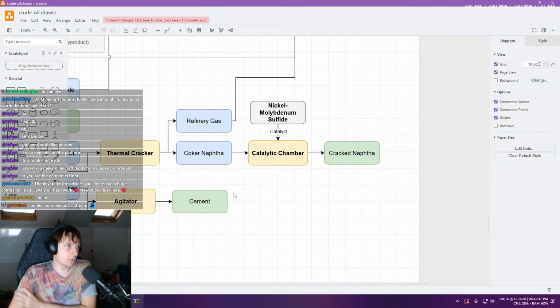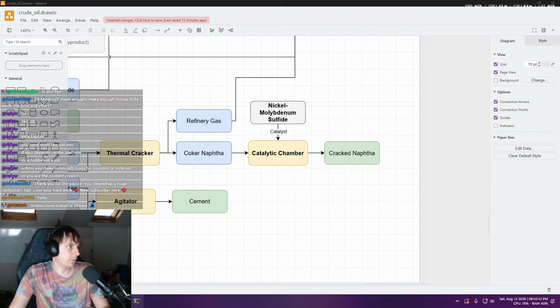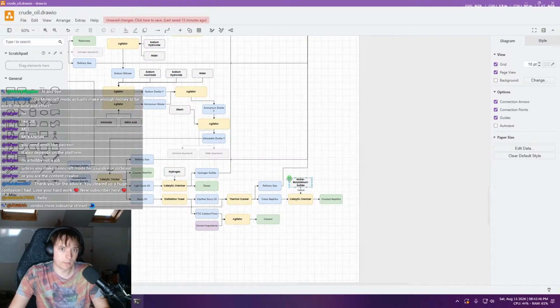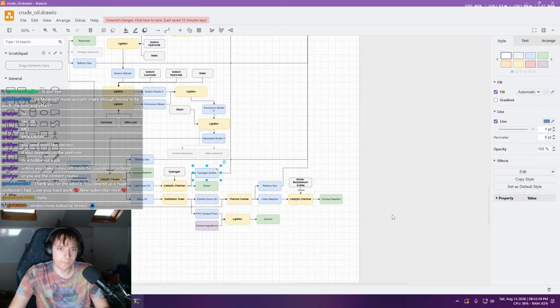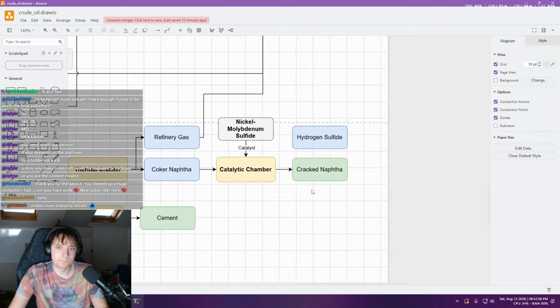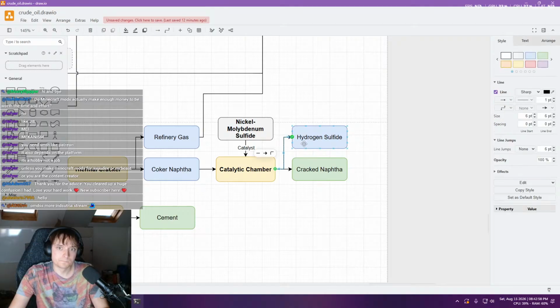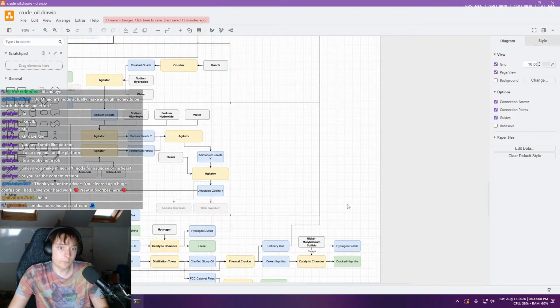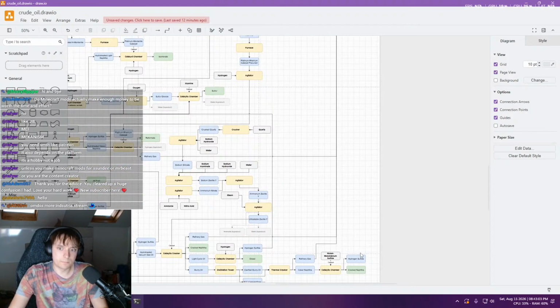And apparently it also gets us, what's that? Hydrogen sulfide? Yeah. This is annoying. Hydrogen sulfide is one of those things that is kind of just an annoyance, but hey, it is what it is. I guess it's good for sulfur recovery. Yeah, hydrogen sulfide goes all the way to there.